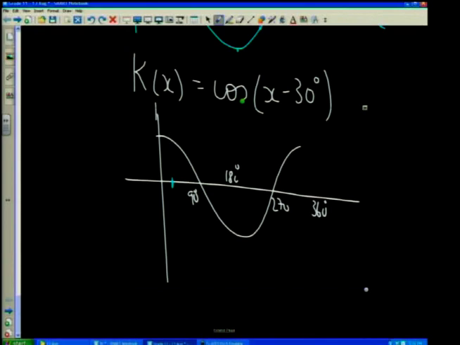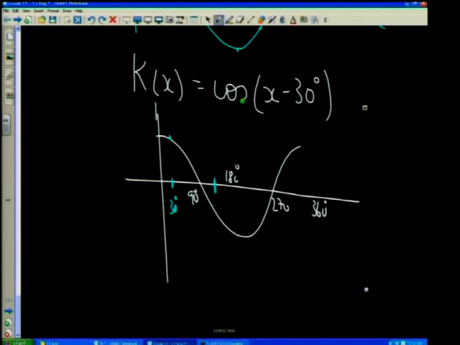So I'm going to get a max over here, which means that if I substitute a 90 minus 30, I'm only going to get 60. So in order for me to get this value of 0, I actually have to have 120 degrees. I've got to have it there at 120.